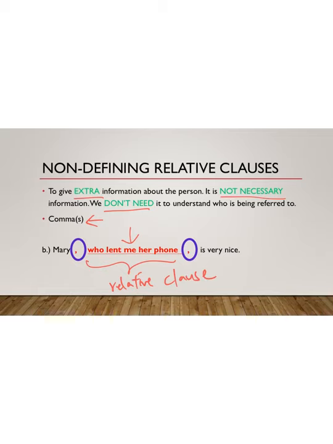So don't put the commas anywhere that you like. To put it simply, even though you don't give me this piece of information, I still know who Mary is. And that's what we call non-defining relative clauses. So that's what I want to talk about today.